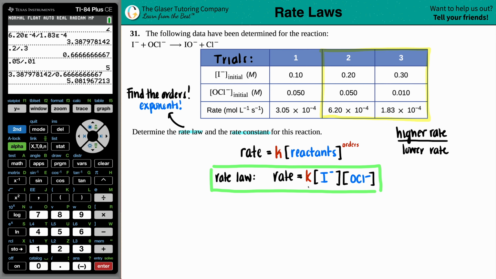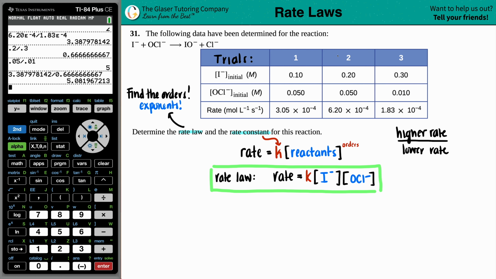Anyway, here is our lovely rate law. Now, from this information, we can solve for the rate constant. And remember, the rate constant is the k value. In this case, it's more teacher or professor specific: some teachers may want you to get the rate constant for each trial, and then take the average of all the k's that you found.